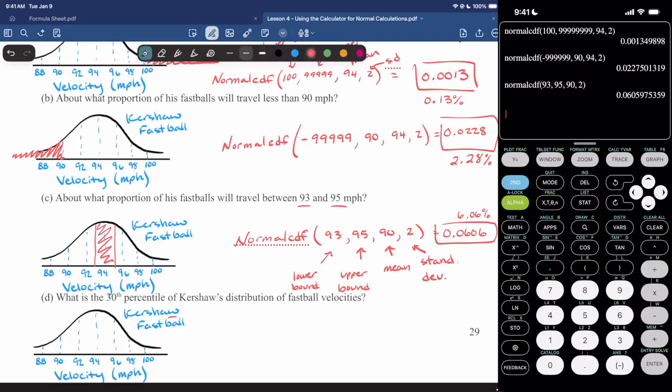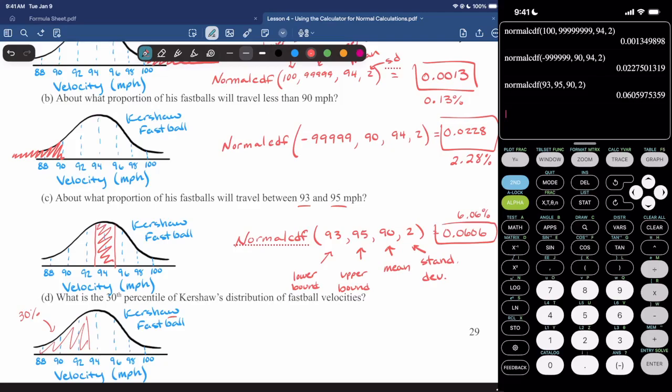So 30%, I have no idea what this is going to be, but it's going to be somewhere over here. My guess, right? 50 is down the middle. I'm going to take a guess and say that's probably right around here, and I'm going to say that that is 30%.